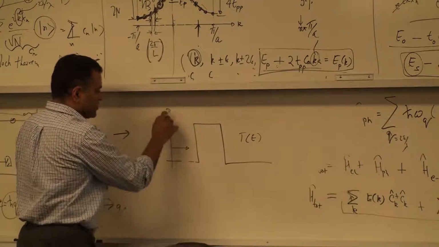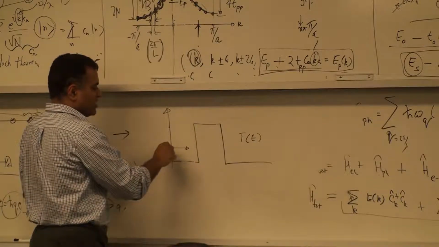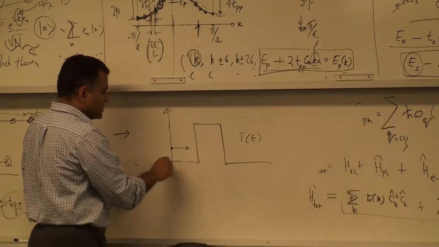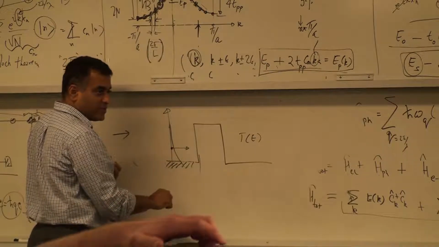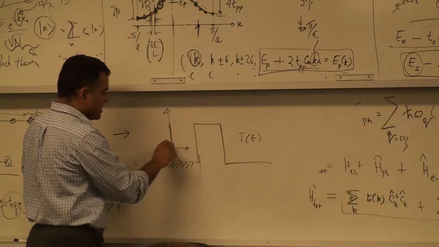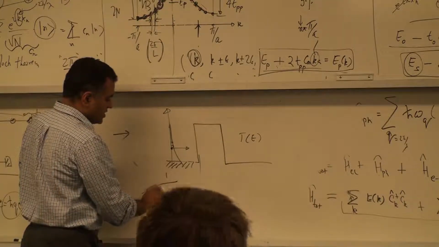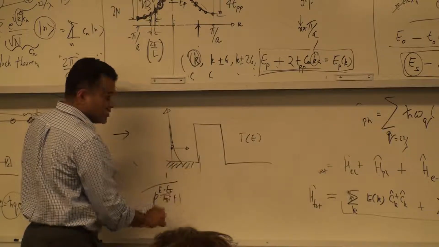But the question you must also answer if you want to find the total current is, how many particles are there at that energy, right? Typically, if this is a metal, you will have a Fermi-Dirac distribution, and the number of particles at any energy will follow 1 over e to the power (E minus Fermi energy) over kT, plus 1.